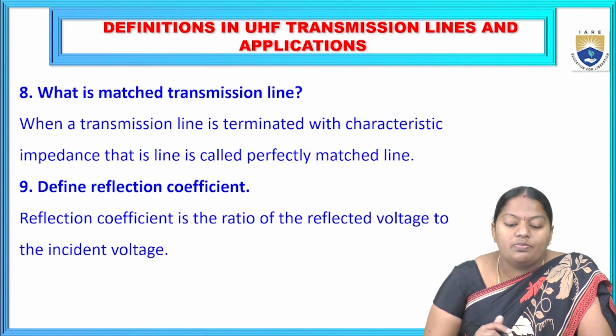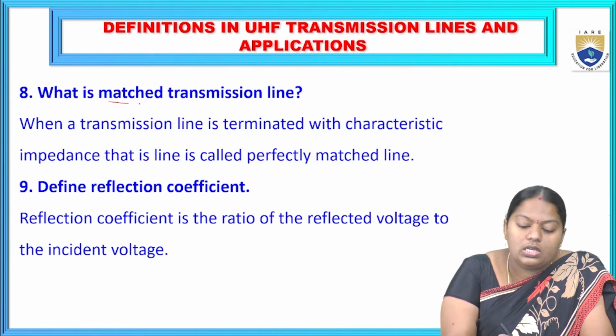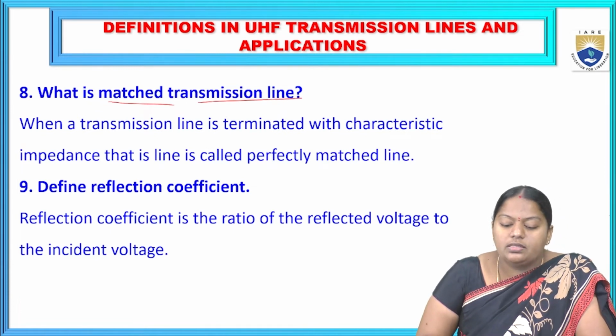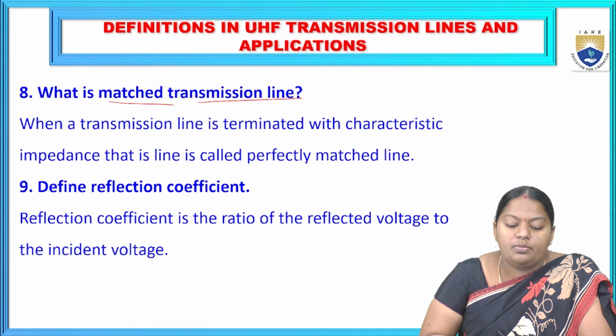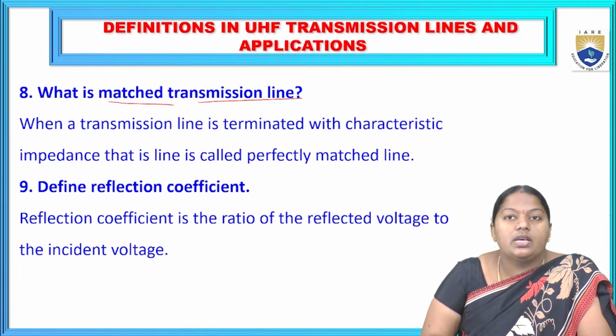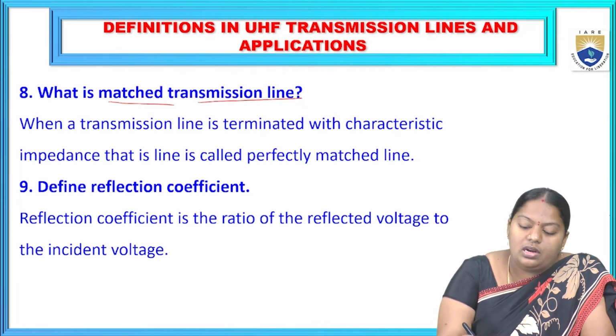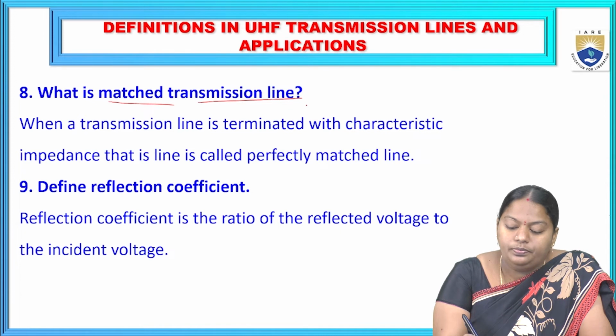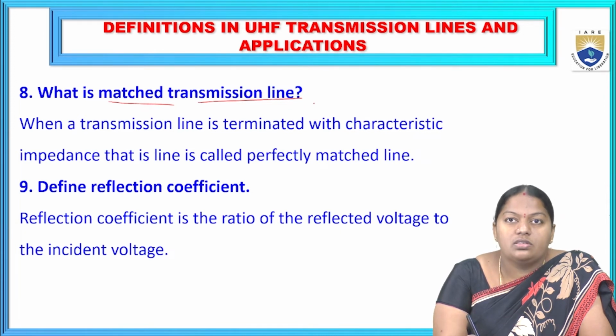Next, what is a matched transmission line? When a transmission line is terminated with its characteristic impedance, the line is called a perfectly matched transmission line. The condition is to get maximum power transmitted and to avoid reflections, so we use impedance matching.